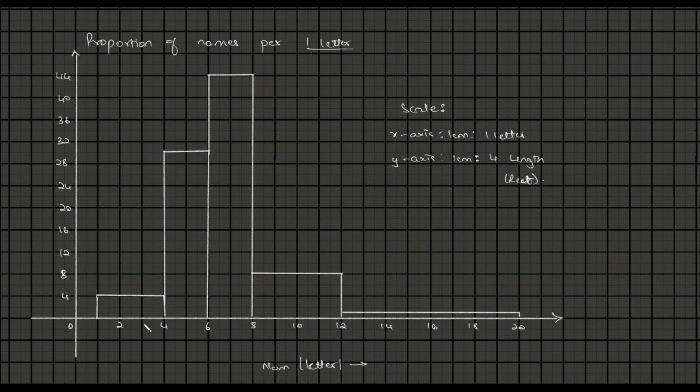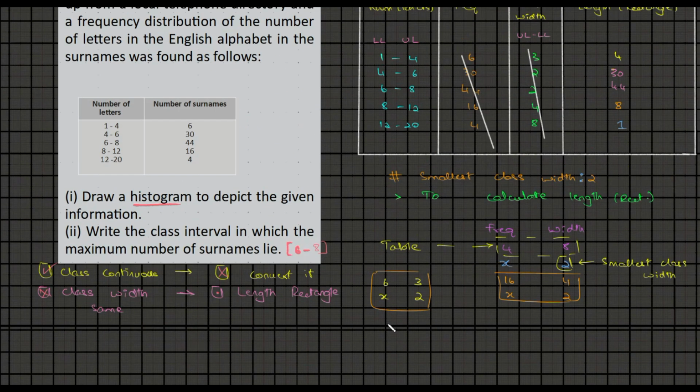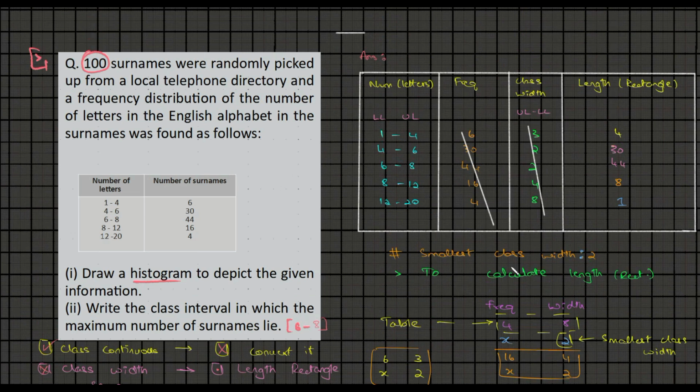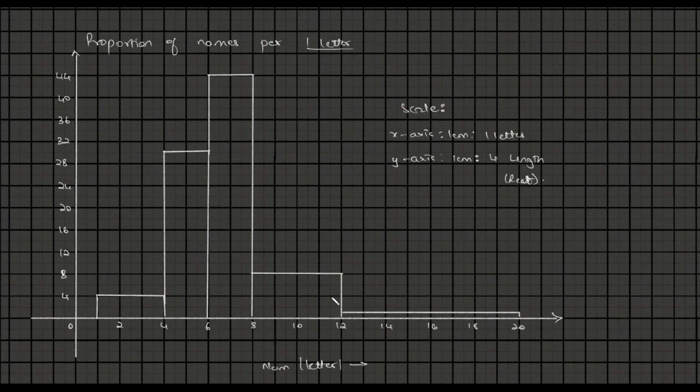Okay. Then what else? If you take the areas, all of this area will add up to 50. 50 into 2 is 100. So why 100? Please look at the question. There are 100 names. We have reduced it by a factor of 2. So all of this put together will be 50, and 50 into 2 is 100.